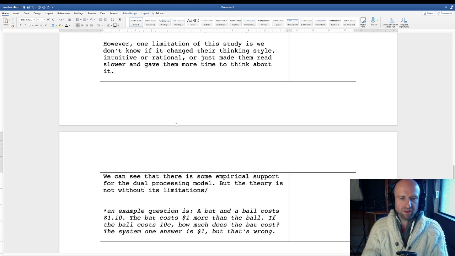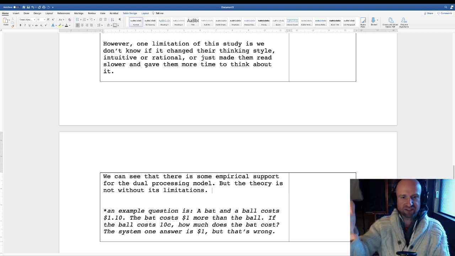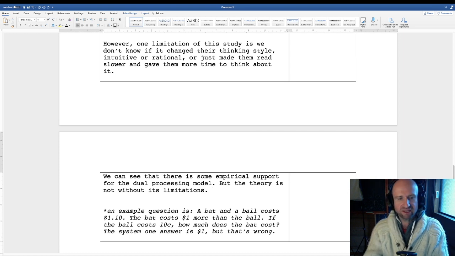Okay, so this is just good essay writing, right? You want your ideas to flow logically from one to the next. So I've said we can see that there is some empirical support for the dual processing model. I'm just kind of restating what I've just said, but the theory is not without its limitations. 2 sentences there that link nicely into the point I'm going to make.